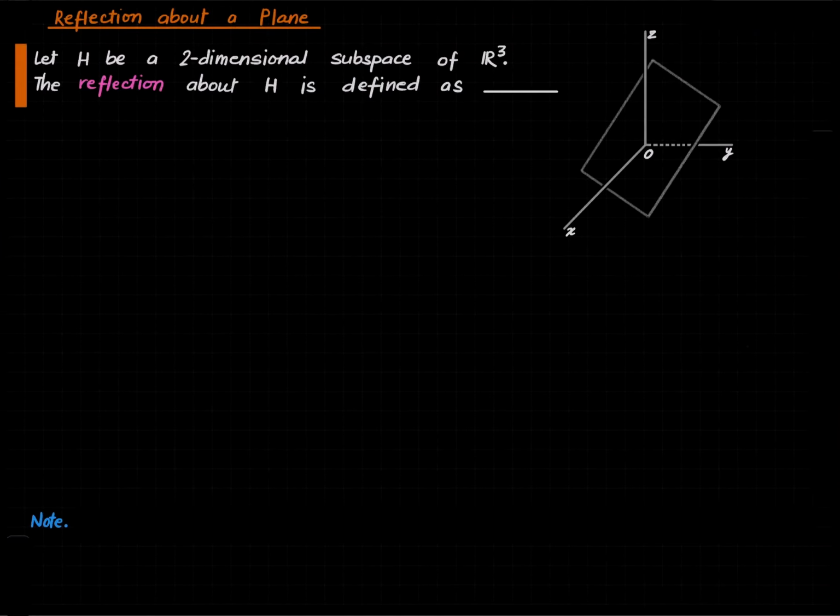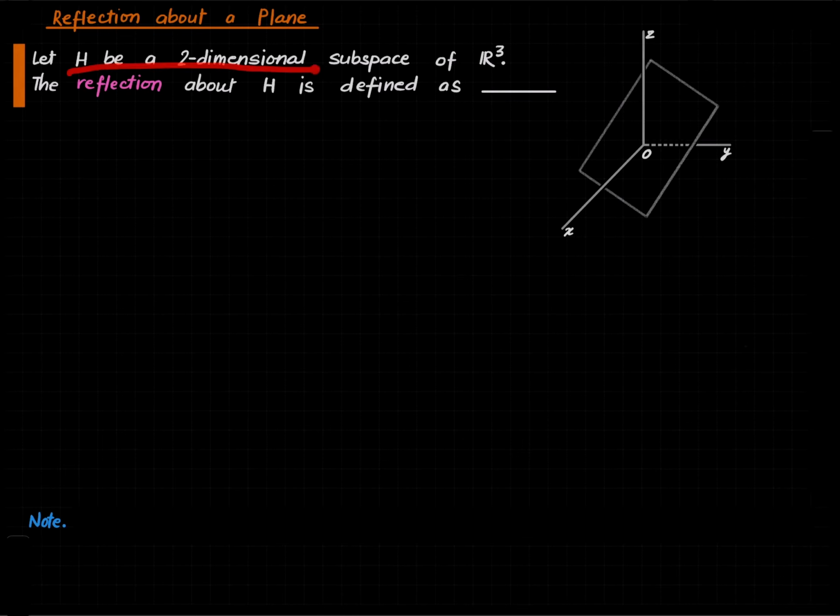Now we want to also talk about reflections, just like we did for the orthogonal group of R2. So fix a two-dimensional subspace H of R3. Then the reflection about H is defined as follows. You can do it yourself, but I will write down the details.